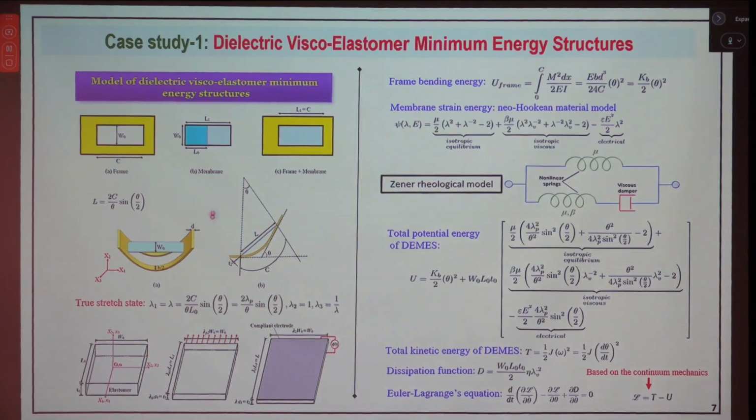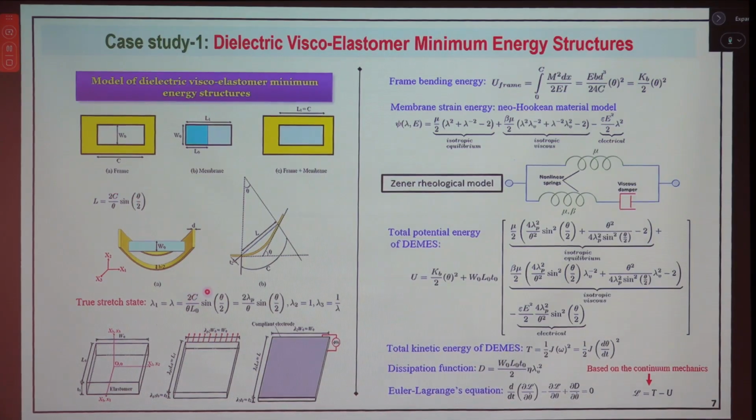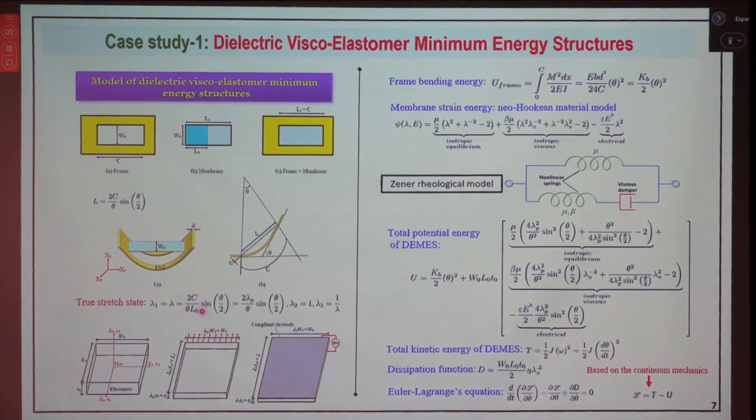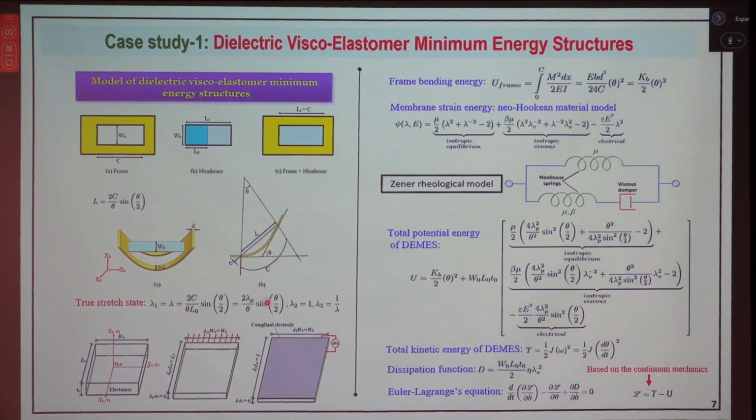When you put the final dimension upon initial, what is the initial dimension of this membrane? It is L0. So L by L0, where L is a function of theta. You put its value here and you get 2c sin(theta/2) by L0, where L0 is the original dimension. So you are getting the stretch in terms of theta, the bending angle.